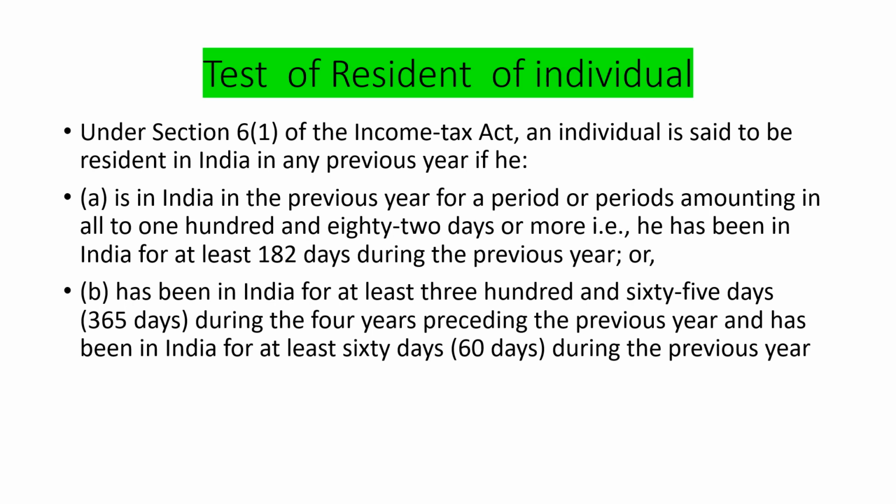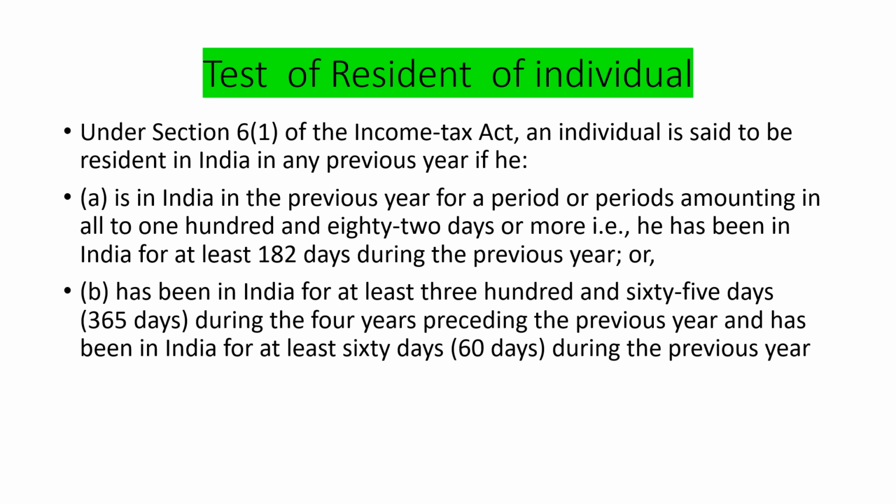Or, if he has not qualified the first basic condition, then in the last previous year he should stay at least 60 days and a total of 365 days during the 4 years preceding the previous year.